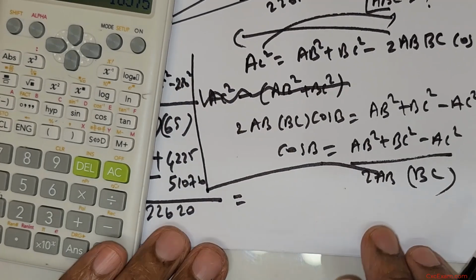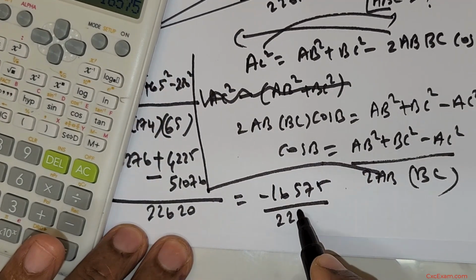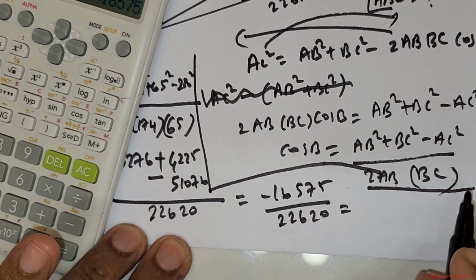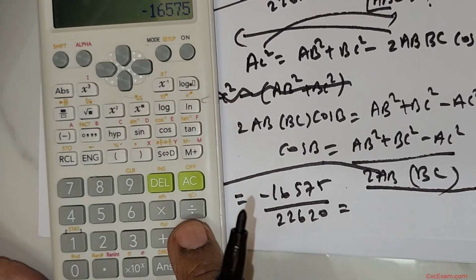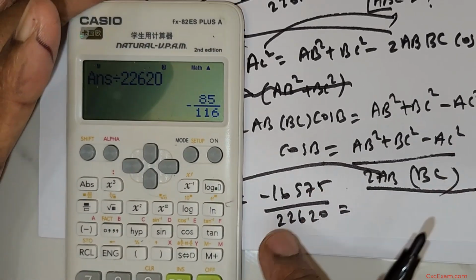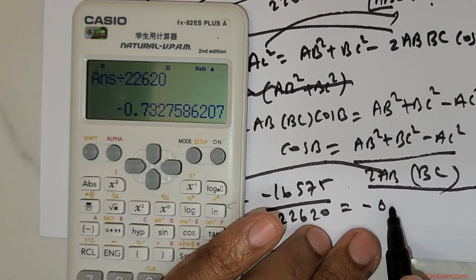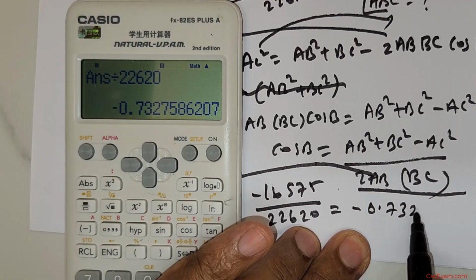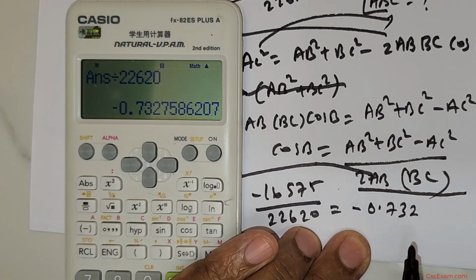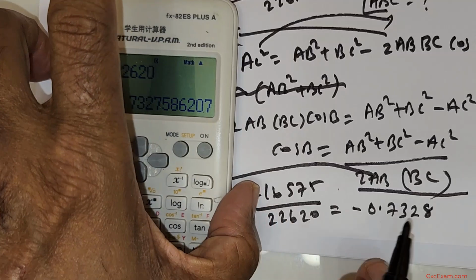That's negative 16575 divided by 22620. What do you get? You get negative 0.73278. So this is cos B.